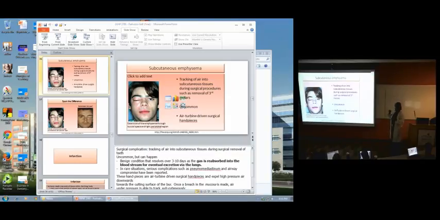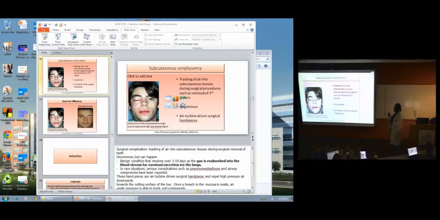In the head and neck, it's usually referred to as SCE, which is subcutaneous cervical emphysema. You can see the air tracking through the buccal space and sometimes to the periorbital region. It's not quite common, but it can occur with third molar surgeries.